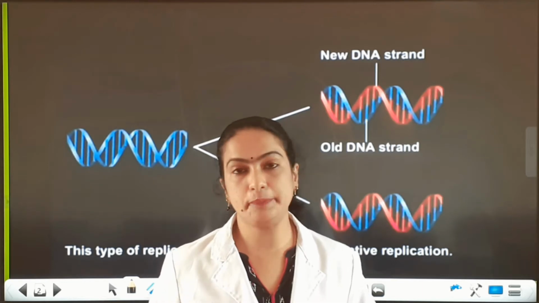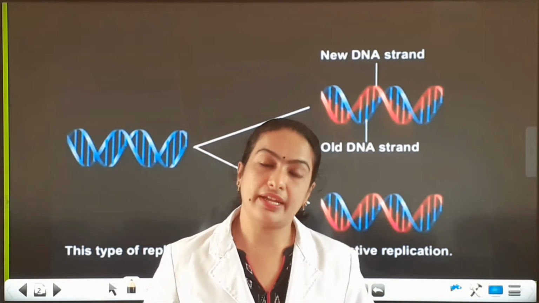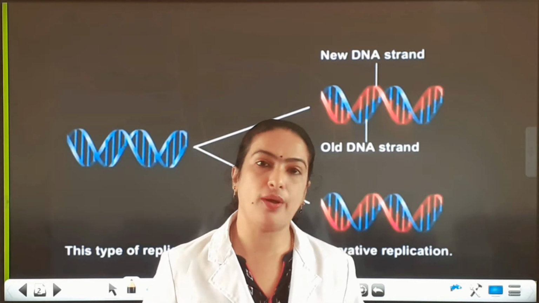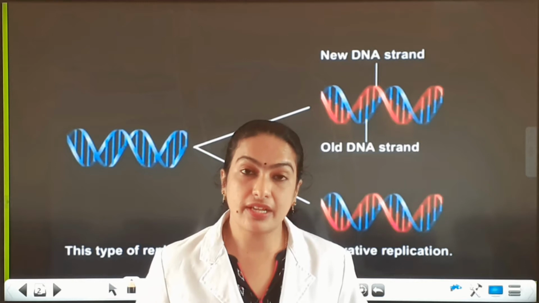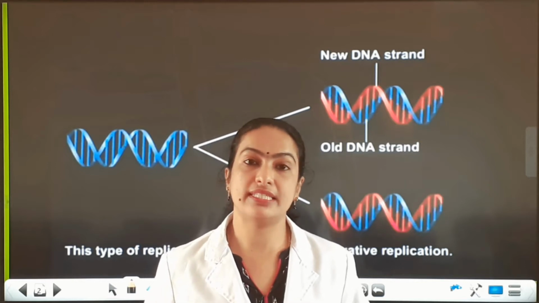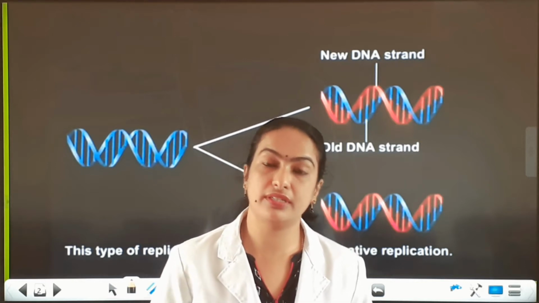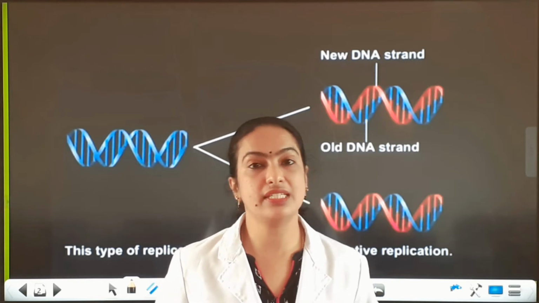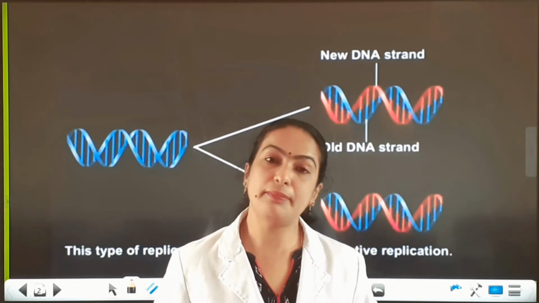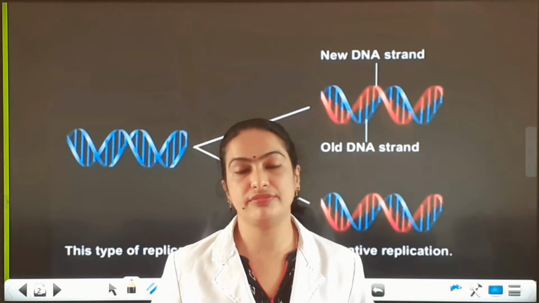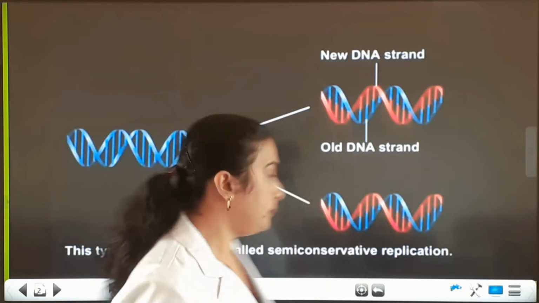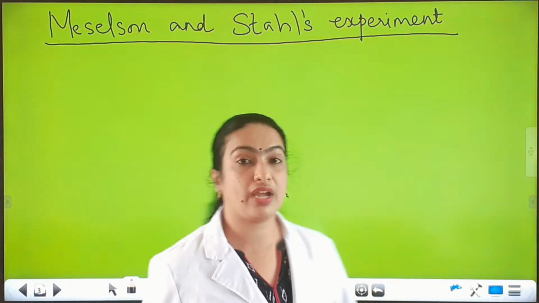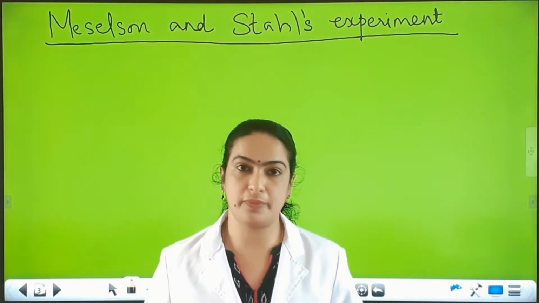Next we can see two scientists, Meselson and Stahl, who conducted an experiment to prove that DNA replication is semi-conservative. So next we can see proof for the semi-conservative mode of DNA replication. This experiment is known as the Meselson and Stahl experiment.